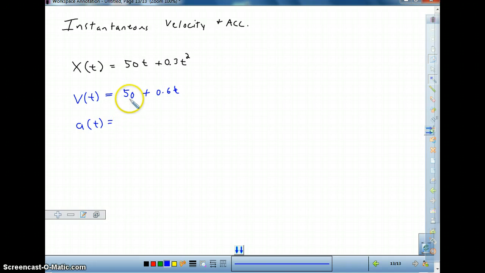The derivative of a constant is 0, so that piece is gone. And in this particular case, the acceleration time function ends up being constant because the t goes away taking the derivative. So at any given time, this particular position time function gives me a uniform acceleration. That is not always the case, just for the example we've done here.